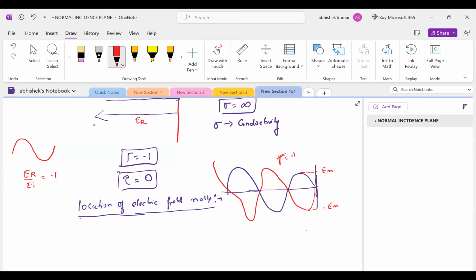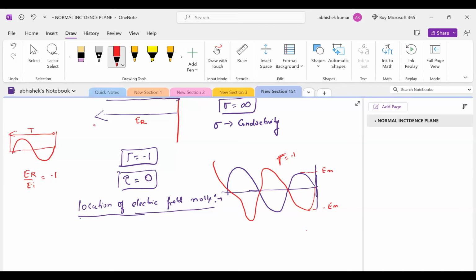So basically, what happens here, and one more thing, this is your wave, and this wave's time period is T, right? And this wavelength is denoted by lambda, right? Then half wave, can I say lambda by 2?